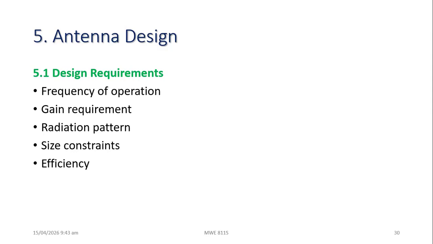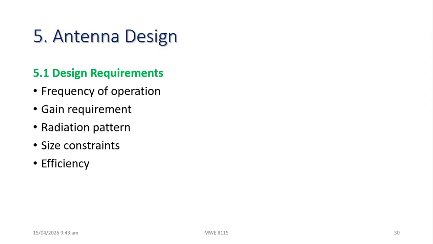Antenna gain in decibels, you need to know this. You must calculate it. If I know the directivity and the efficiency that I want to achieve, I can ascertain the value of antenna gain. Then the radiation pattern.